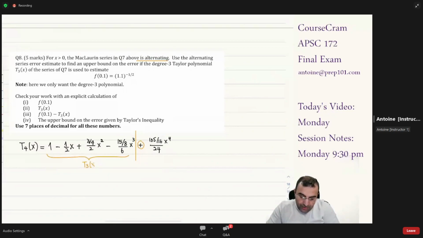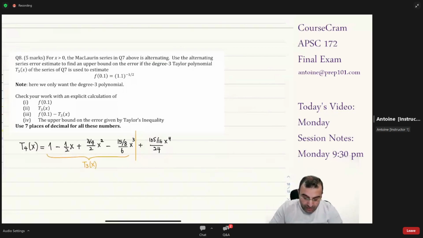So when we're using the alternating series error, we're adding the next term. So this is an underestimate. So it's an upper bound on the error anyway. If the degree 3 Taylor polynomial is used to estimate f of 0.1, which is 1.1 to the minus half.